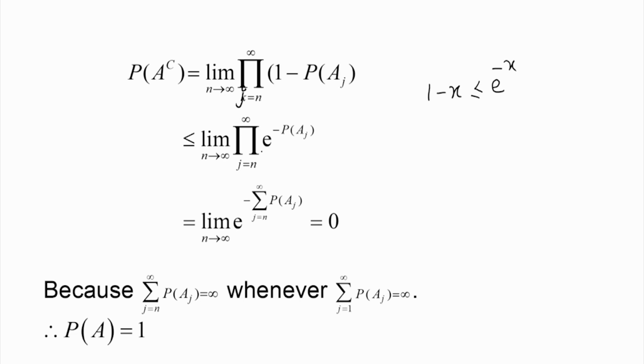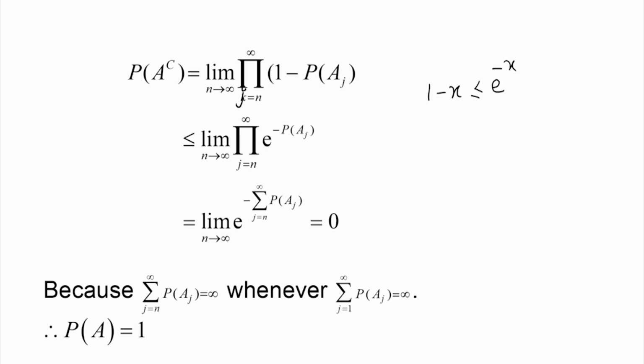Now, in this product of exponentials we can take the sum: the limit n tends to infinity of e to the power of the summation of P(A_j), j going from n to infinity, with this minus sign.